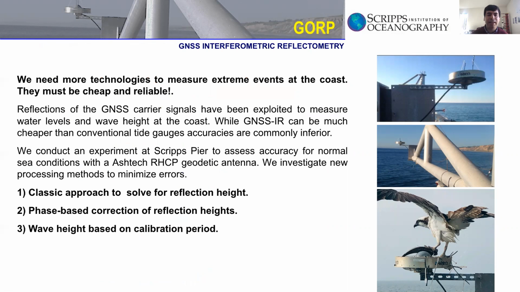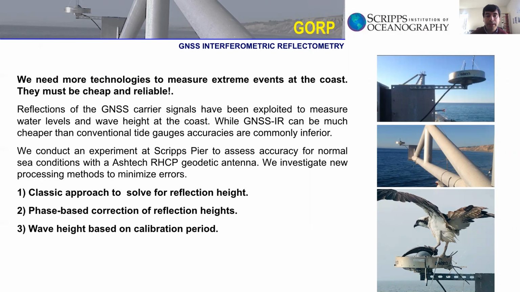There is a relatively new technique called GNSS interferometric reflectometry, which uses GNSS antennas to measure water levels and significant wave height. What we aim to do is make a contribution to the great work other research groups have done in this technique.